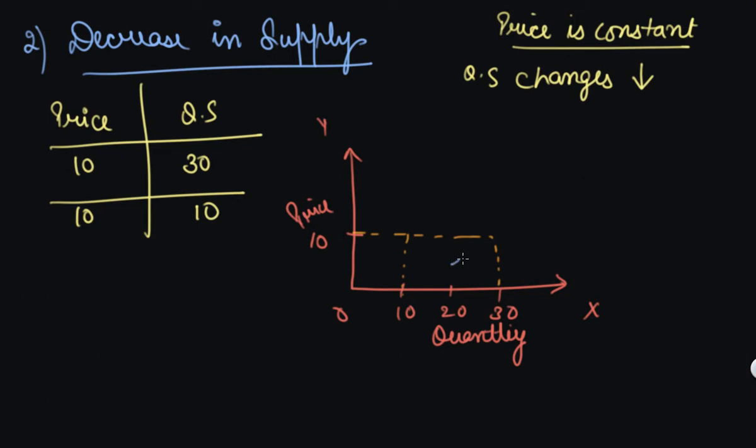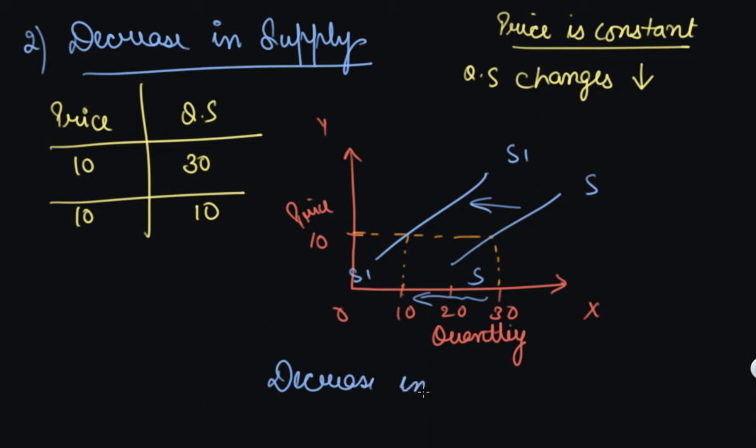So your initial supply curve was this, and your new supply curve is S1. So there is a backward shift in your supply curve. Your quantity supplied has reduced from 30 to 10. So this is your decrease in supply. There are various causes by which your supply curve is affected.